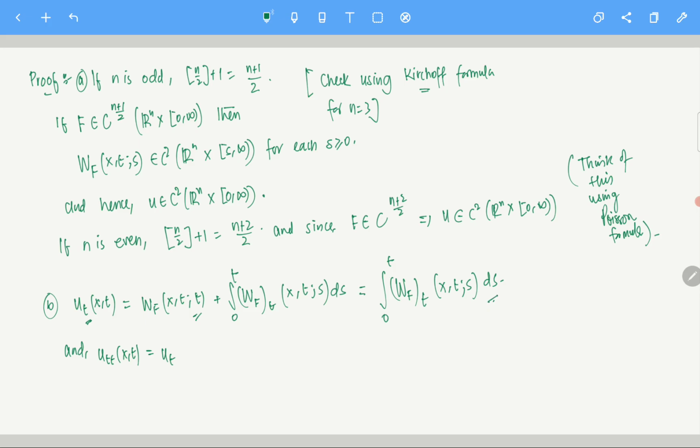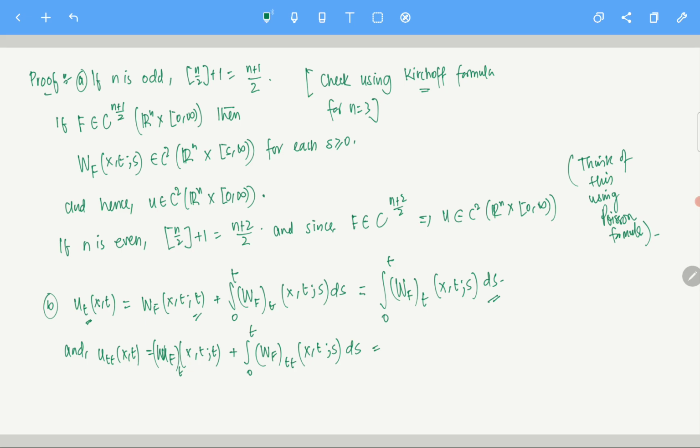Then I have to differentiate this thing with respect to time. The same kind of thing will happen. u_t of w_f with respect to t of x,t,t plus the integral from 0 to t of w_f with respect to tt of x,t,s ds. Okay, so that is equal to capital F of x,t, let me write it properly.